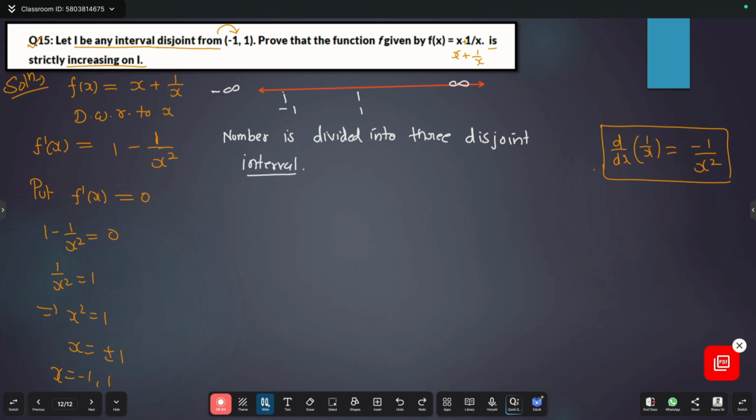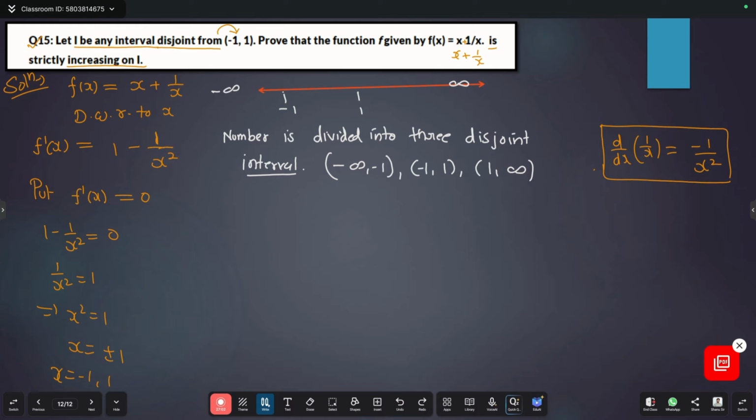The three disjoint intervals are minus infinity comma minus 1, minus 1 comma plus 1, and 1 comma infinity. We want to prove this function is strictly increasing on I. I means those intervals which are disjoint from minus 1 comma 1.